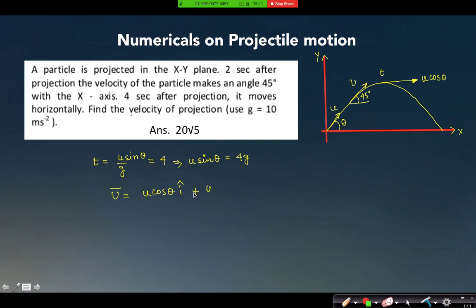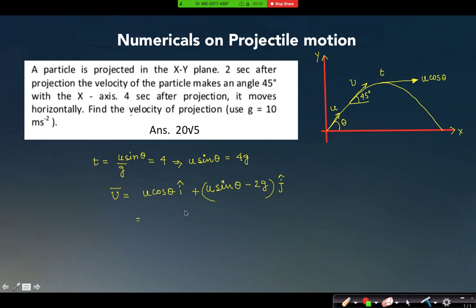According to the equation of motion, I will write u sin theta minus 2g j cap, because the time is 2 seconds. So it is uy minus g t. That I have written here.